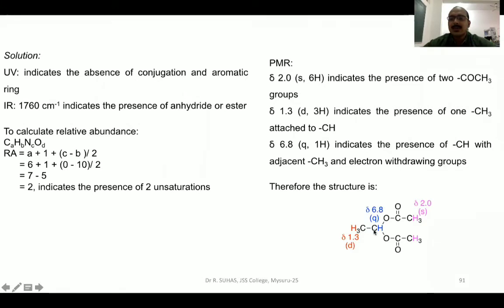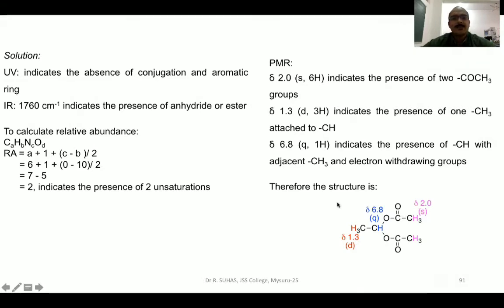It is like a tertiary alkyl group, which should be 1.3 or 1.4, but the value is quite high, 6.8, because this CH is attached to 2 oxygens and 2 carbonyl groups. There will be more electronegative effect of oxygen and more anisotropic effect of the carbonyl function, and hence the structure can be written like this. So the CH3, the methyl ketone, appears at delta 2 as a singlet because there is no neighbor for this CH3.